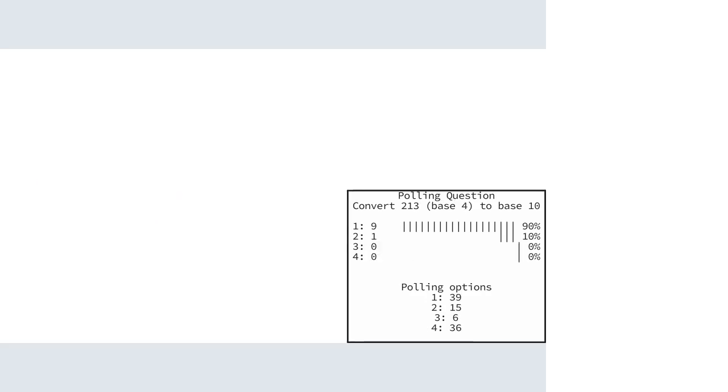Very good. Not unanimous, but pretty close. All right, let's see where we are with this one. Convert 213 base 4 to base 10.